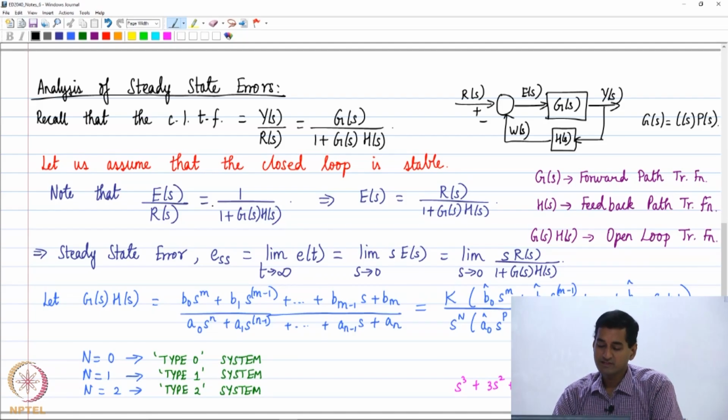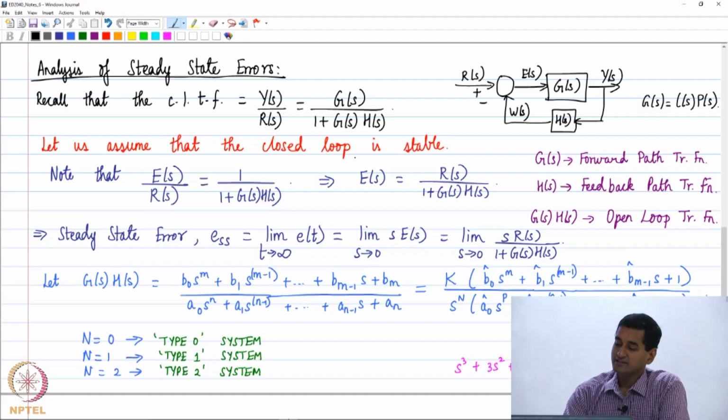So, we figured out that the closed loop transfer function was G of s divided by 1 plus G of s H of s, and the transfer function E of s divided by R of s is going to be equal to 1 divided by 1 plus G of s H of s, right. So, those are the two critical transfer functions that we are going to be interested in, and using this we got that E of s is R of s divided by 1 plus G of s H of s.